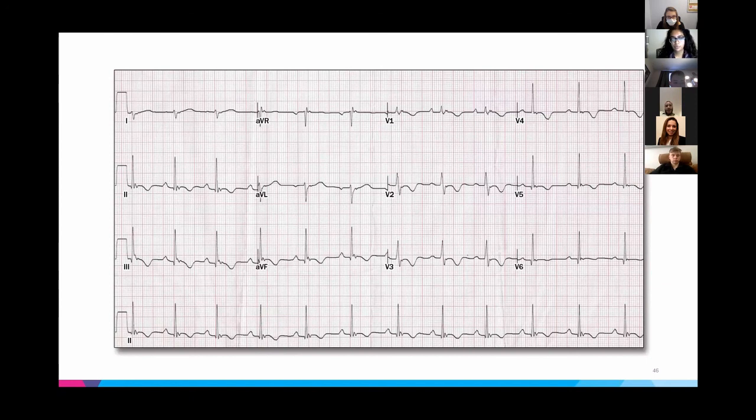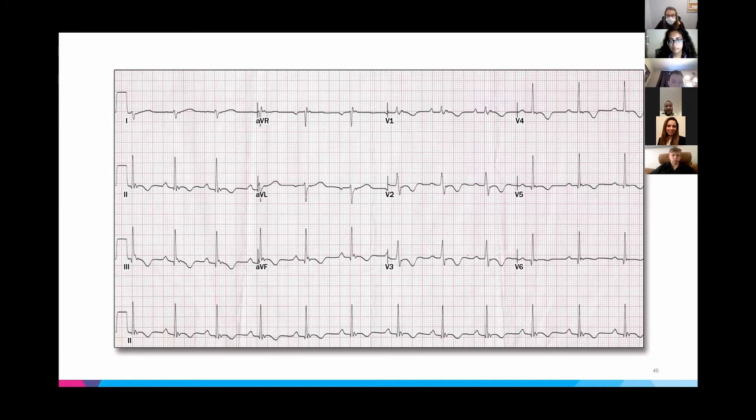Well, there's also B4, B5, B6. Well, not too much. And what are these? What are these things? So usually you can see that with, I think, repolarization.